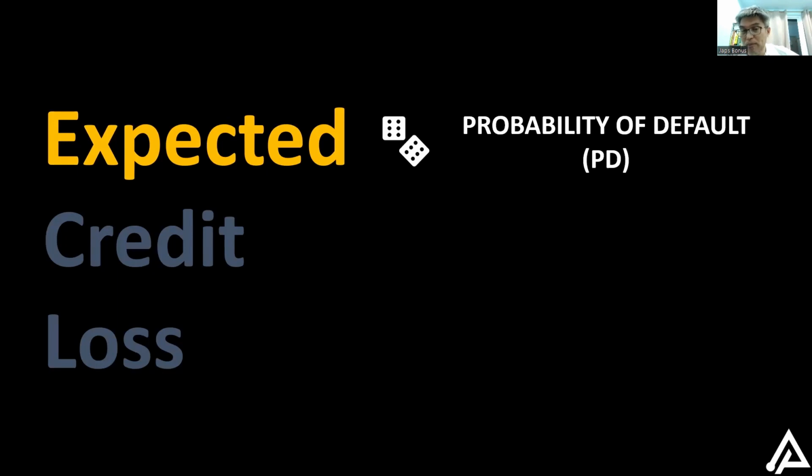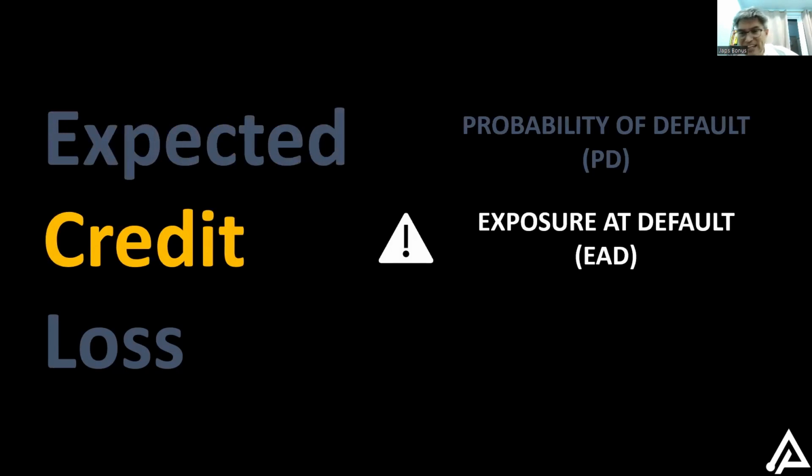Expectation connotes probability. How likely will this counterparty to not be able to honor its obligation? Credit. Credit is yung amount of money that you lend out or given out. It connotes exposure. Exposure at default.